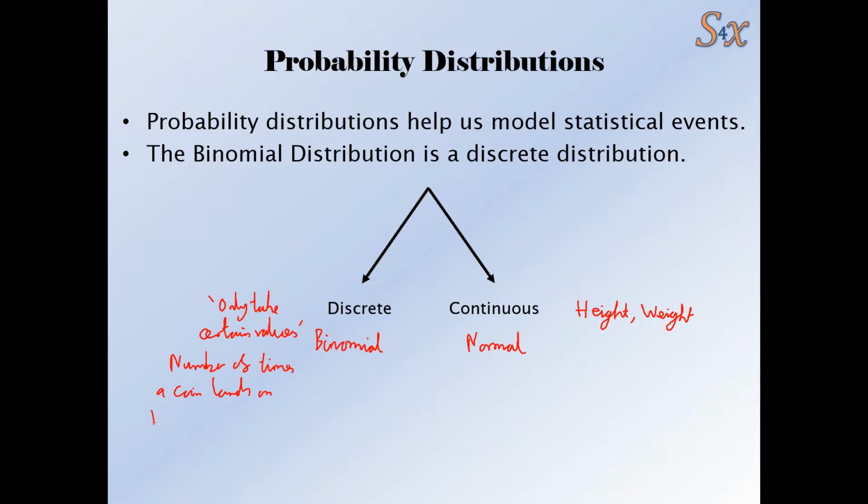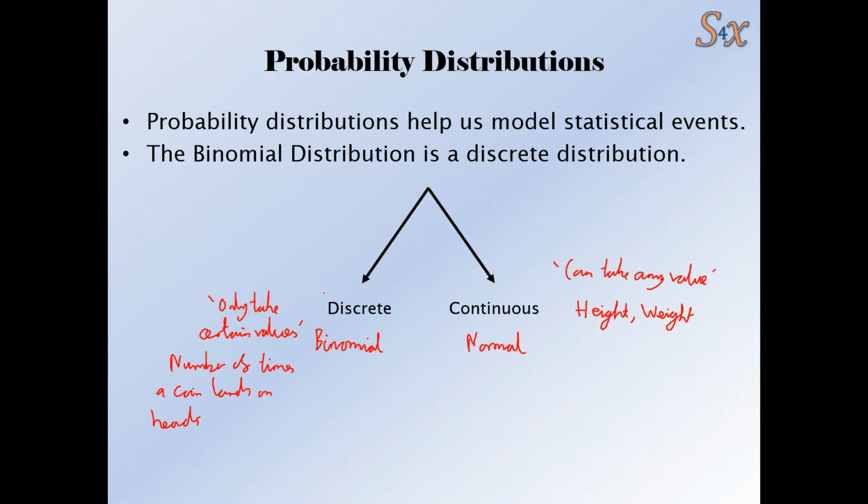That could either be 2 or 3 or 4. It can't be 2.5. It can't be 2.37. It has only limited values it can take, whereas continuous can take any value at all. That difference is quite key, and it changes which distribution we would use to model it.